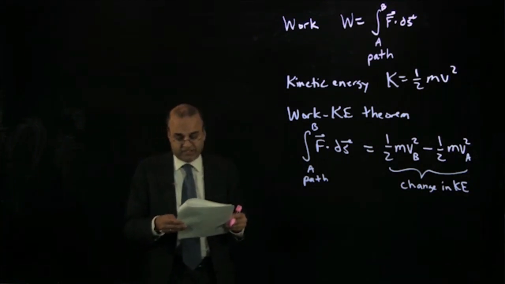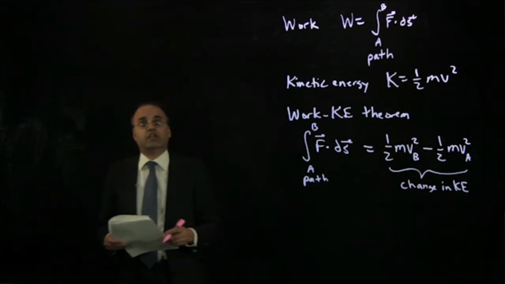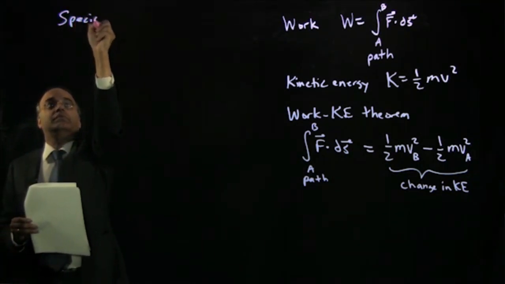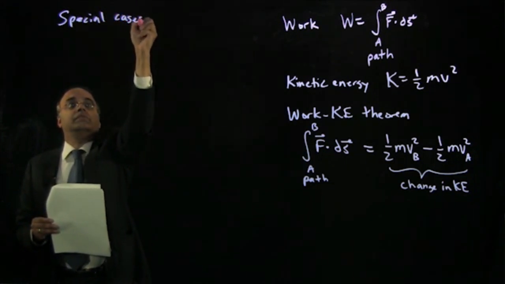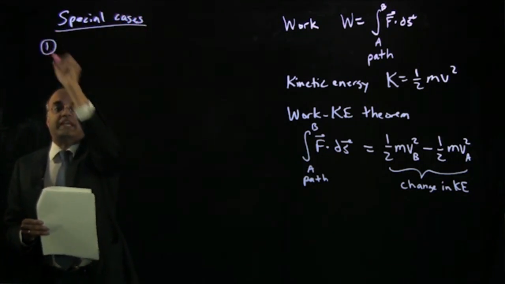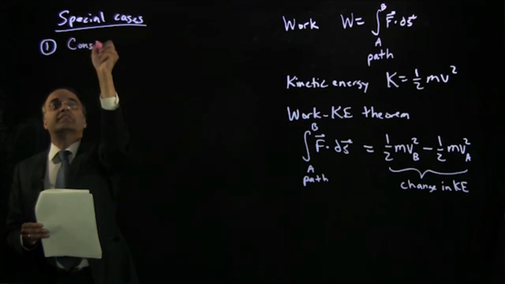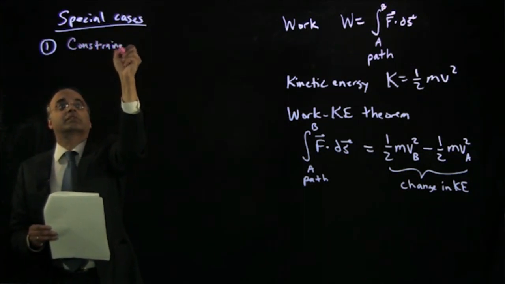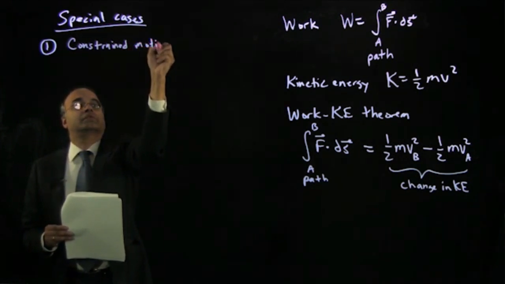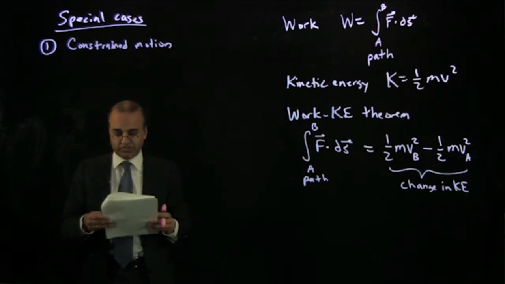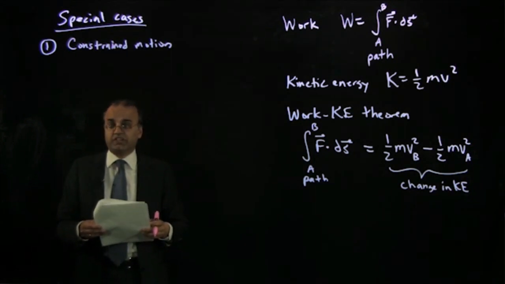However, what I want to point out is that there are two special cases that are particularly useful. The first special case is that of constrained motion. Sometimes we know in advance what the path is going to be because the motion is constrained.